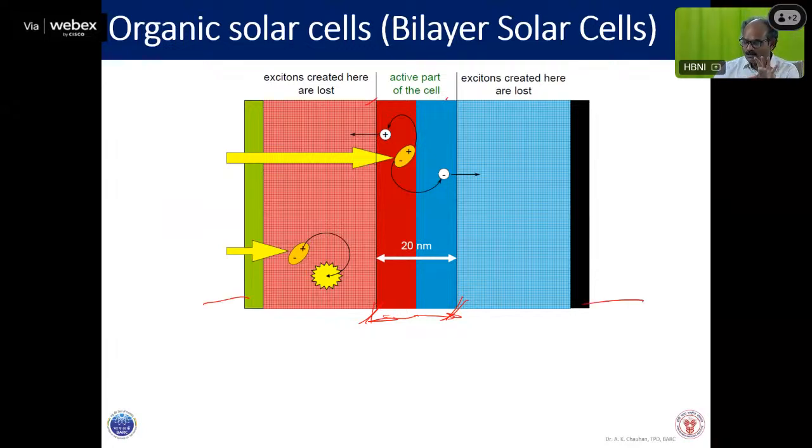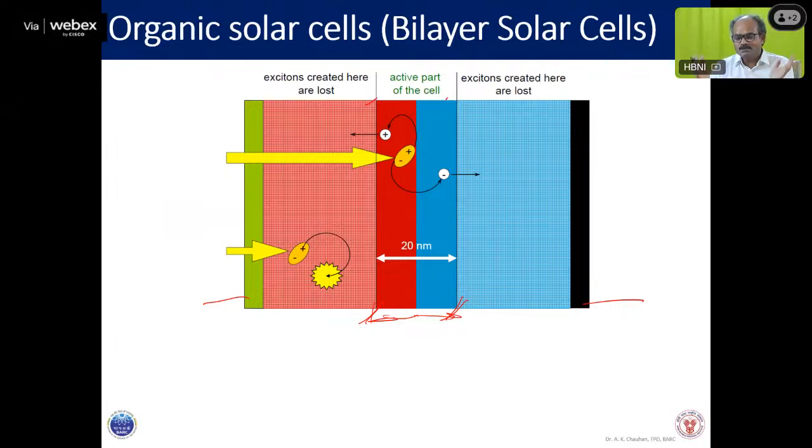So it is very, very difficult for this electron-hole pair, even if they are separated, to reach the electrodes. All those excitons which were created here or here are expected to be lost.